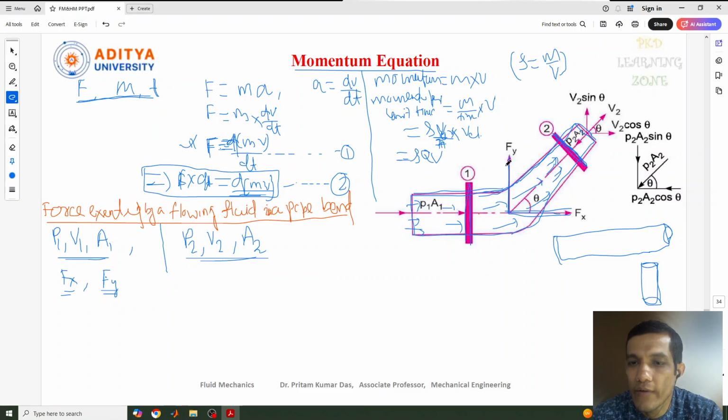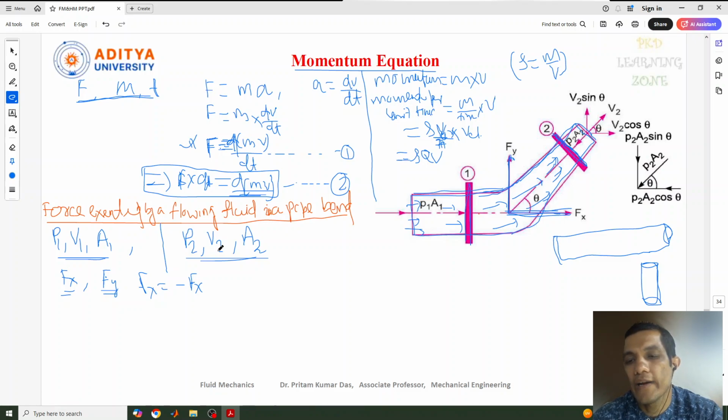These two forces should be equal, but opposite in direction. So let me write the component of force exerted by the bend of the pipe on the fluid in the x direction: this is equal to minus Fx.